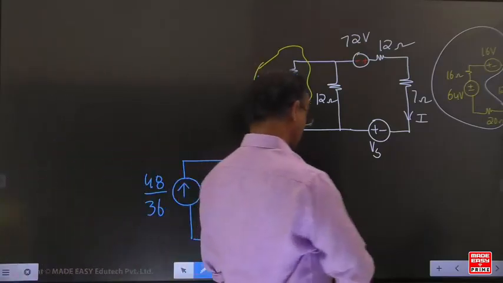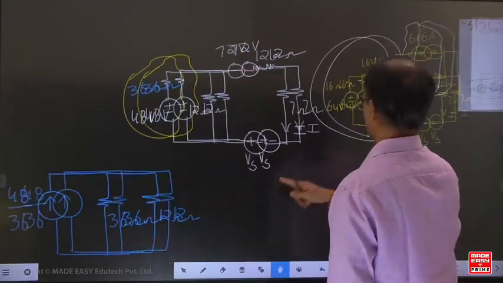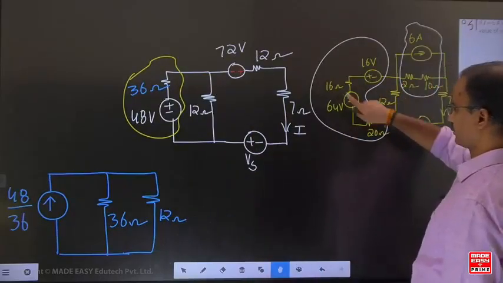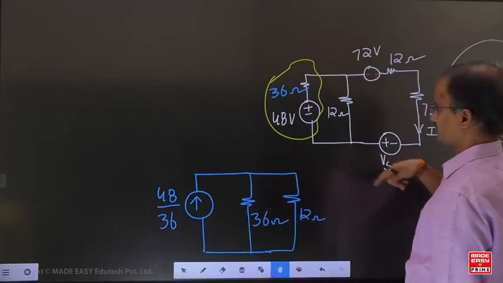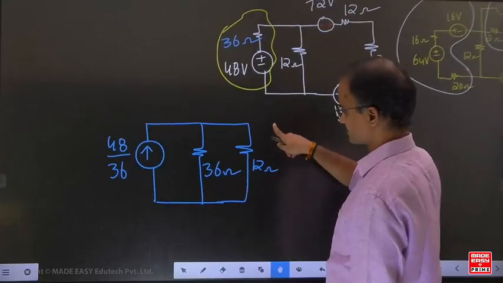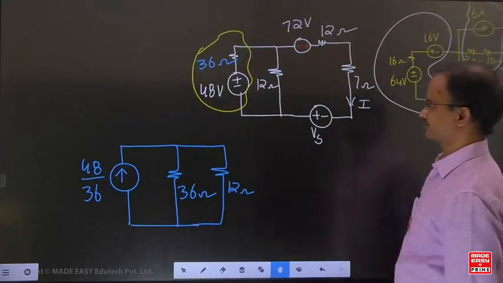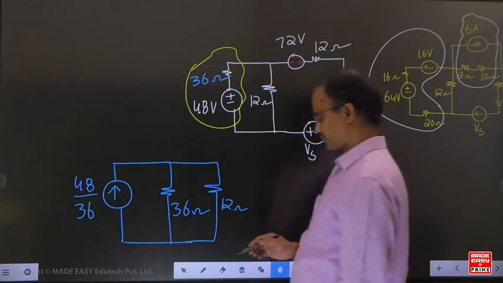Okay, in this example, previously 48; what about 20 and 16? 20 and 16 are both in series. The equivalent resistance is 36.